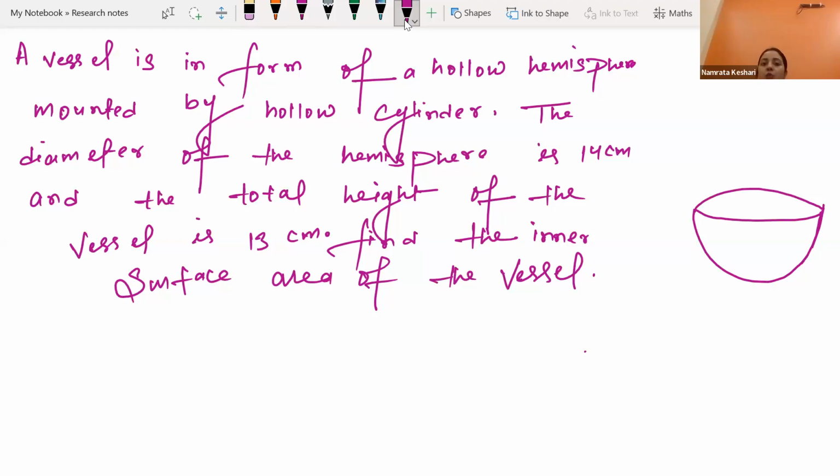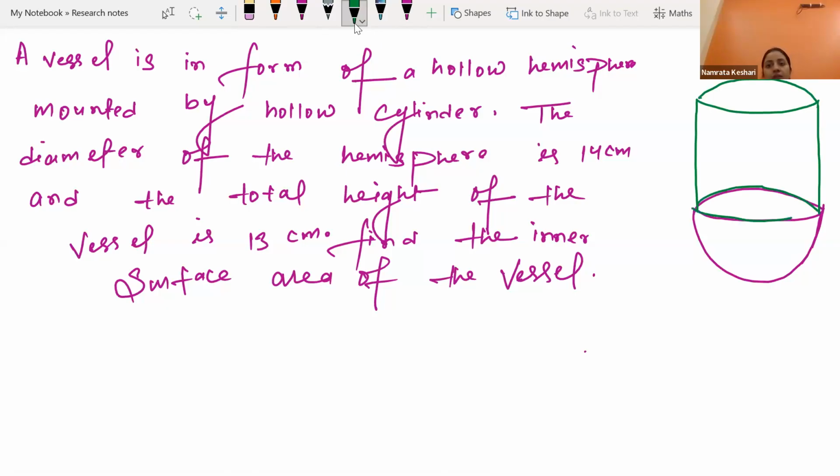A vessel is in form of hollow hemisphere mounted by a hollow cylinder. So on the top of this hemisphere, we are having a hollow cylinder. The hemisphere is mounted by a cylinder like this.